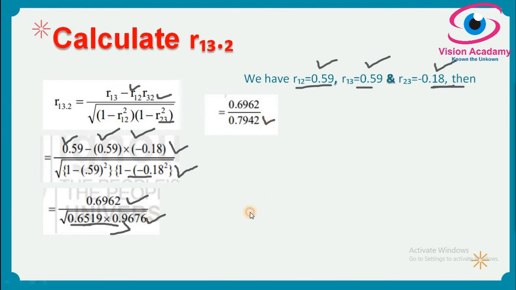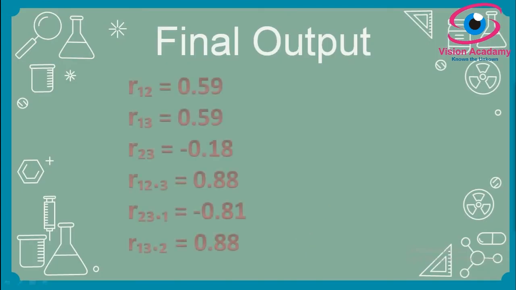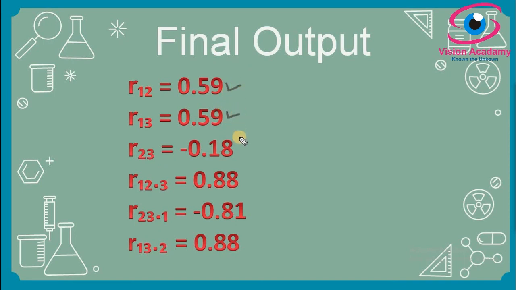So finally I got R13.2. R13.2 is 0.88. I have divided 0.6962 by 0.7942. So the final value of R13.2 is this. So in this way we obtained all the values which are asked in the problem. So this is the final output: R12 we found 0.59, R13 0.59, R23 minus 0.18.